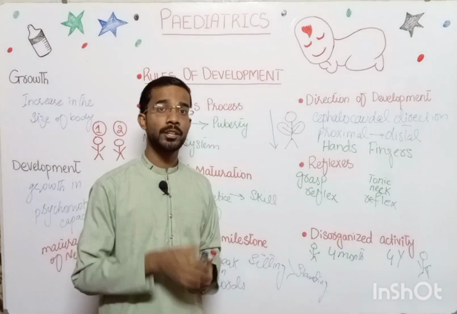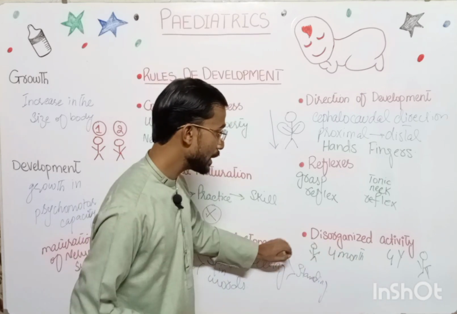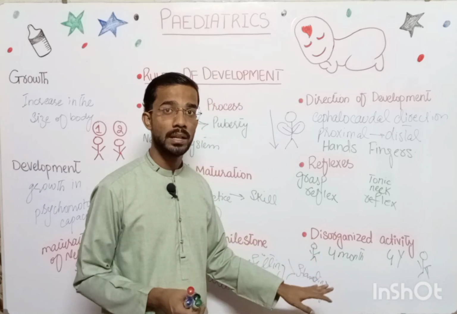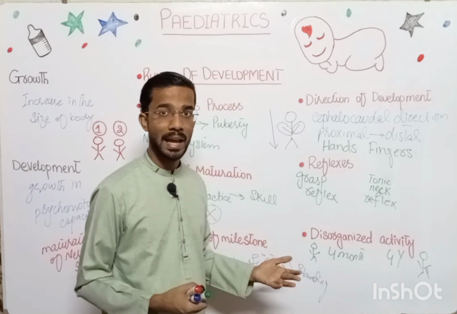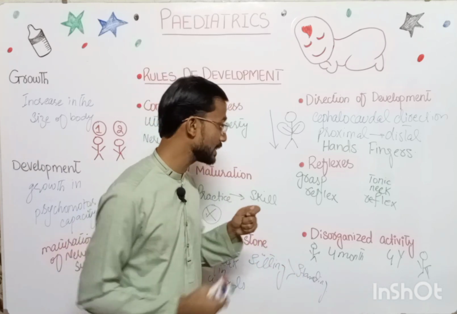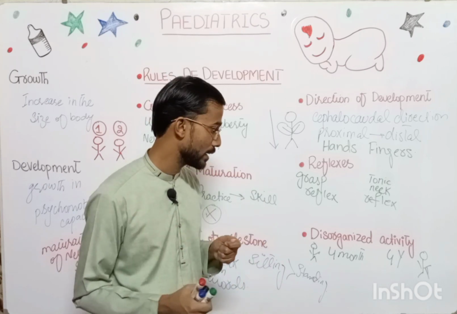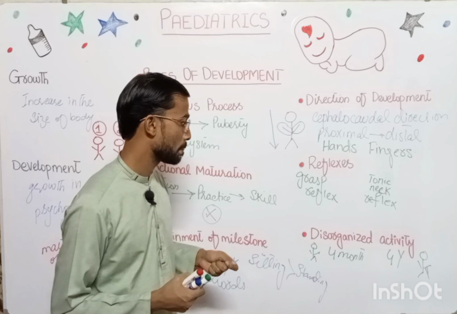If a toy is shown to them, then the 4-month-old child will cry with excitement, and he starts moving his hand with excitement.